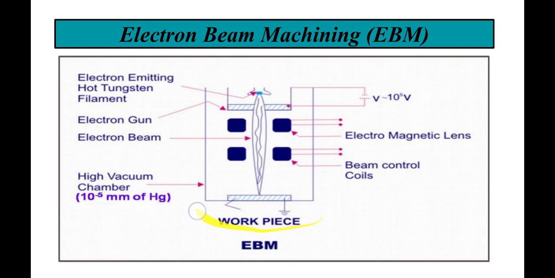So mostly the vacuum is created in the chamber, and that vacuum can be raised to power minus 5 millimeter of mercury. However, there are certain versions of this electron beam machining machine where people are using air rather than vacuum, but the efficiency is comparatively very low. Okay, this is the overview.